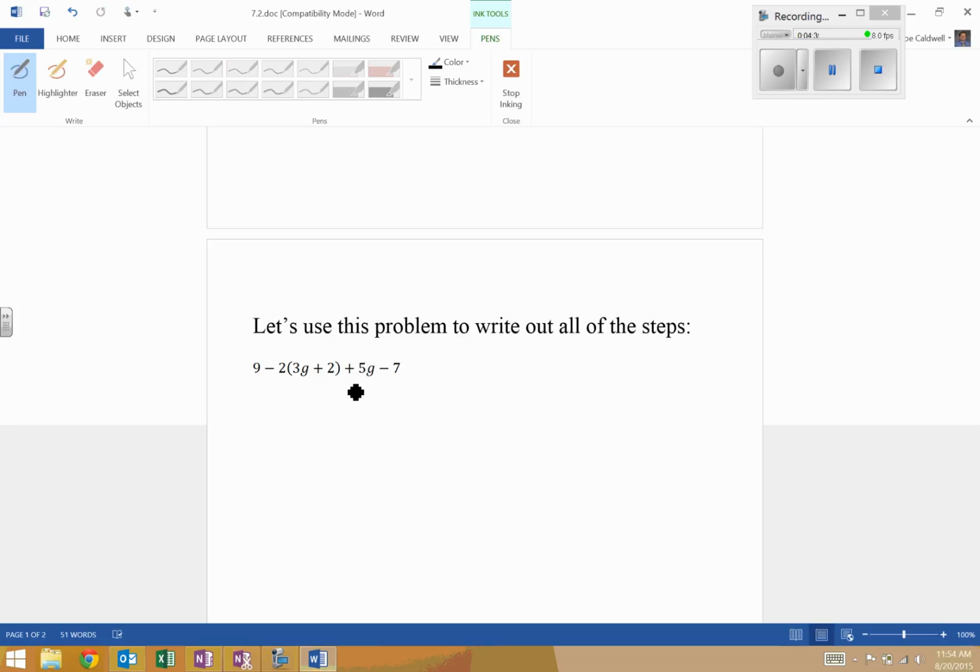What we want to do first, and you'll have to remember this from chapter 6, is turn all subtraction, I'll explain why, all subtraction into addition of a negative.